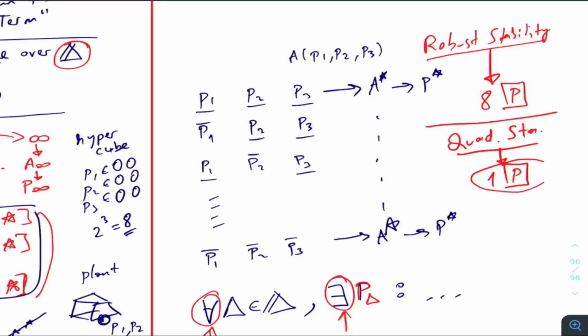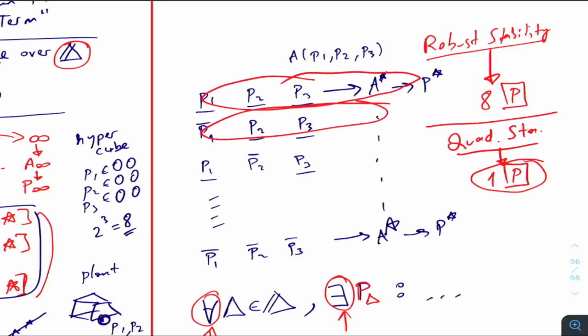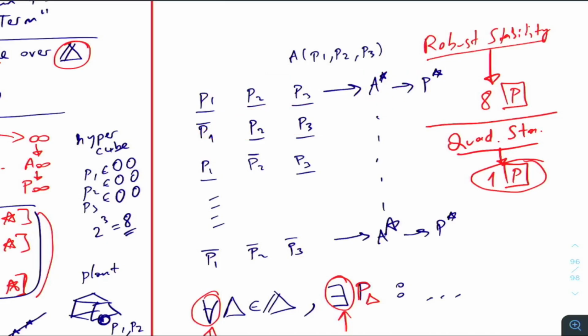We need to find the P value for the quadratic stability, and that P value needs to satisfy all of those cases, and here's the important word, simultaneously. That's why quadratic stability is a harder problem.